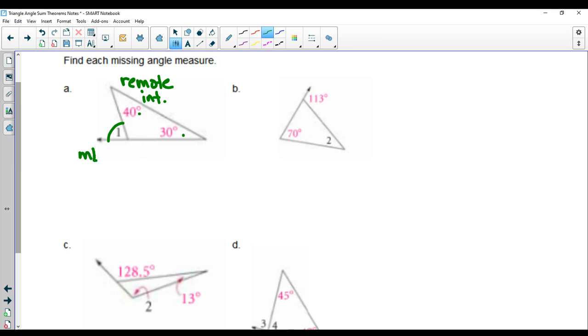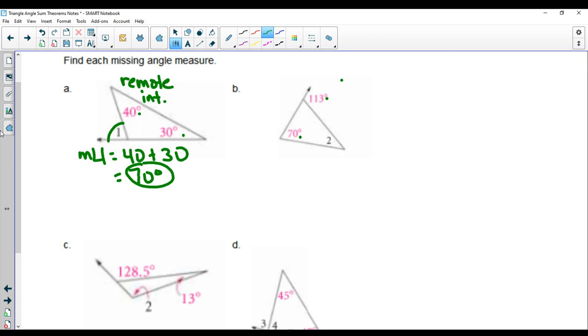So we're going to say the measure of angle 1 is going to be 40 plus 30. Add those two together, 70 degrees. Easy as pie, piece of cake. It's literally that easy. So now over here, we're given one remote interior and we're given the exterior.